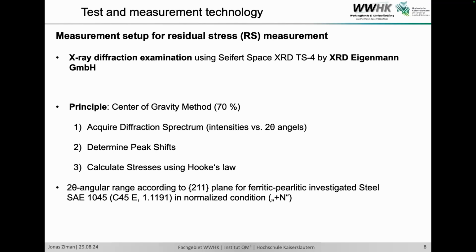As to the two theta angular range, we used the 211 HKL plane for the investigated ferritic-pearlitic steel SAE 1045 in a normalized condition. If this is our fatigue specimen, we also did in total 3 measurements per direction, and then calculated the average.